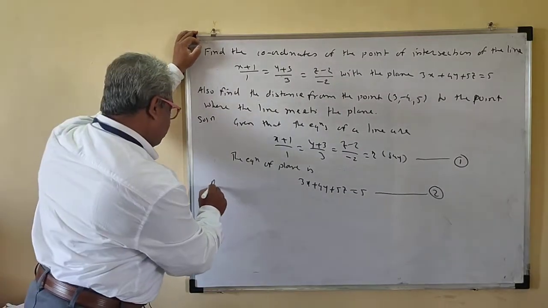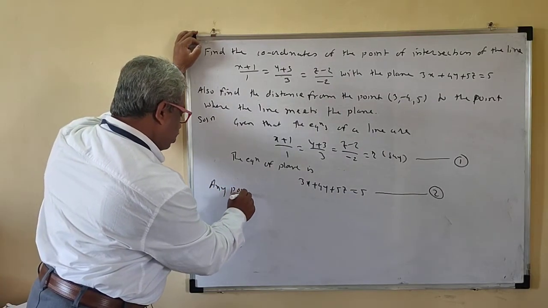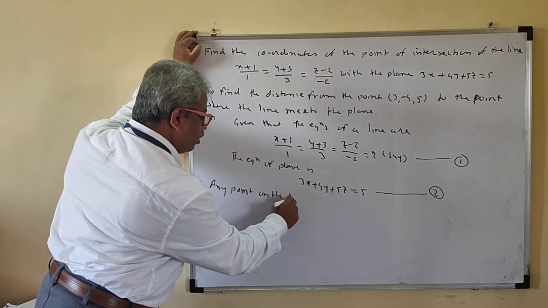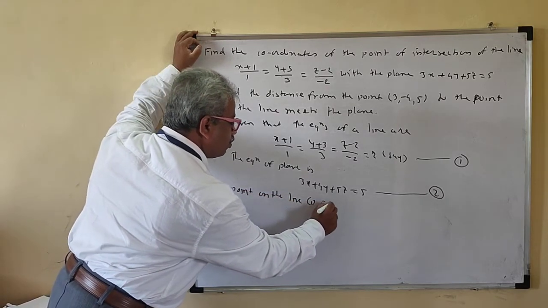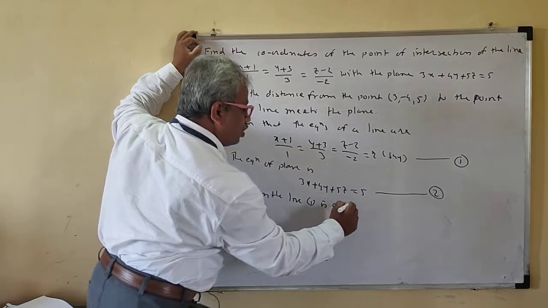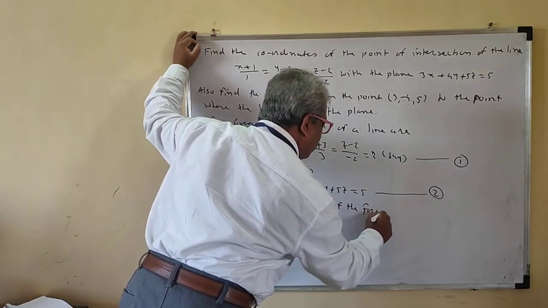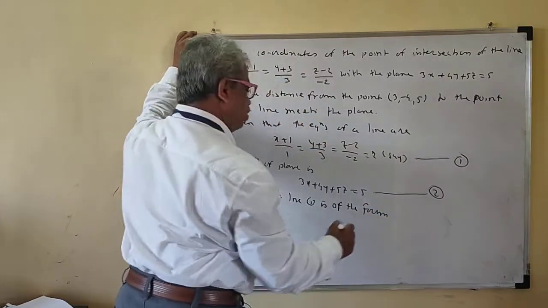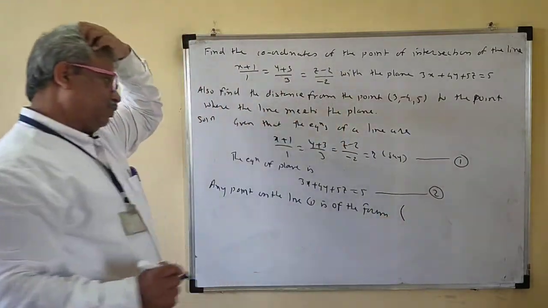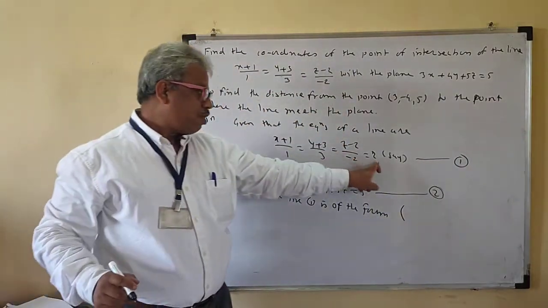Any point on the line 1 is of the form, we just write this. So x + 1 = r, so x = r - 1.